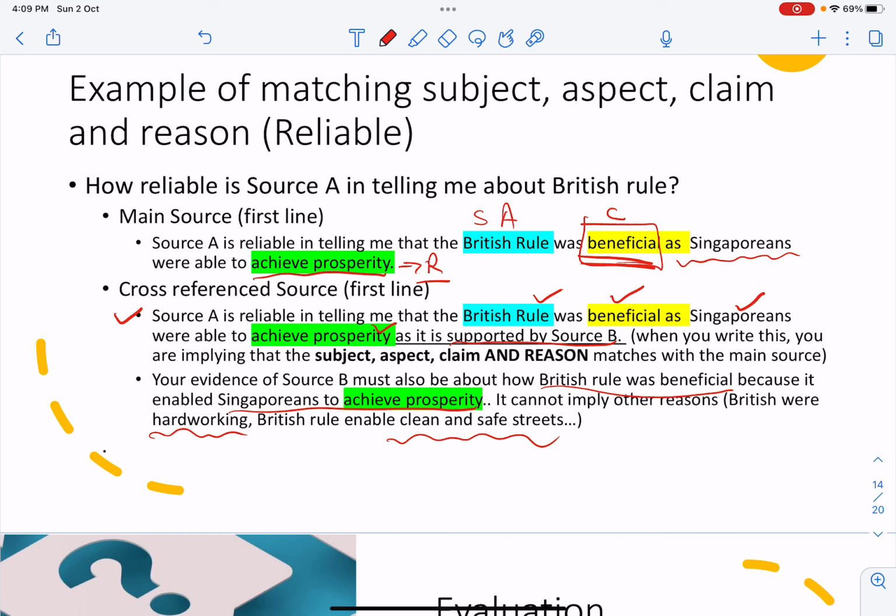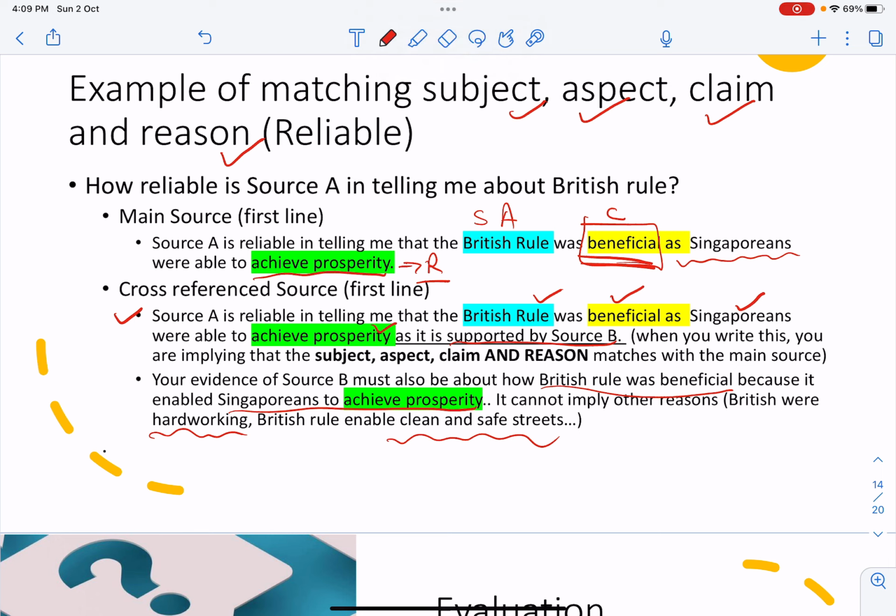So it doesn't match, right? In order to achieve a successful match in your cross-reference, again I say subject, aspect, claim, beneficial, not beneficial, and reason, because they were able to get Singaporeans to achieve prosperity. That must be seen in both sources that you cross-refer to.